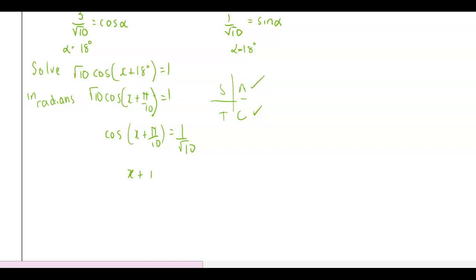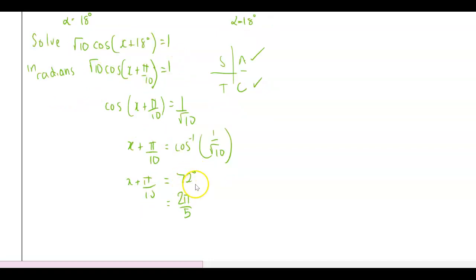So x plus pi over 10 is equal to inverse cos of 1 over root 10. So x plus pi on 10 is going to have two solutions. Oh, it's going to have more than two solutions. Let's look at the first one. Okay, so our first quadrant answer is 72 degrees, which is 2 pi on 5.